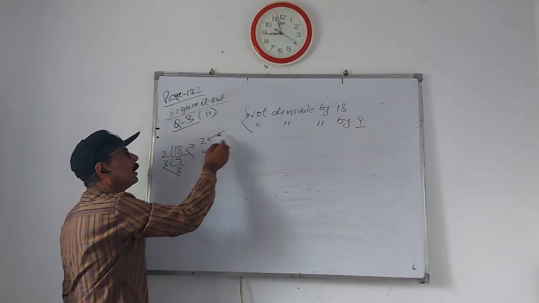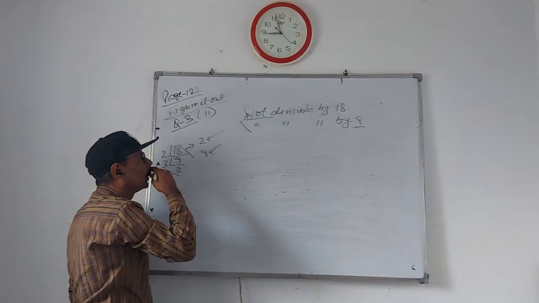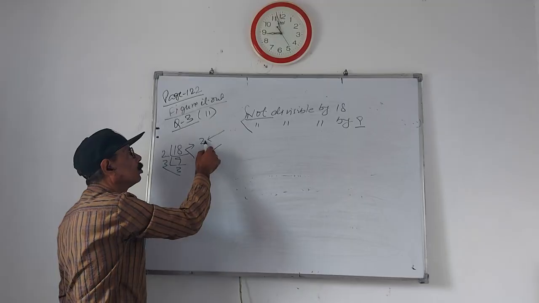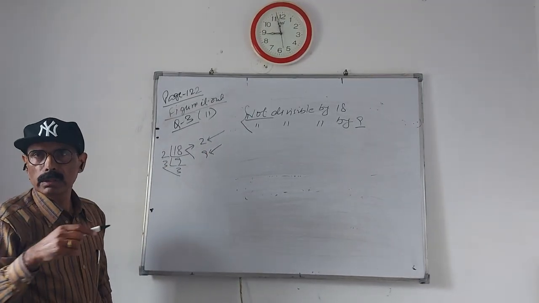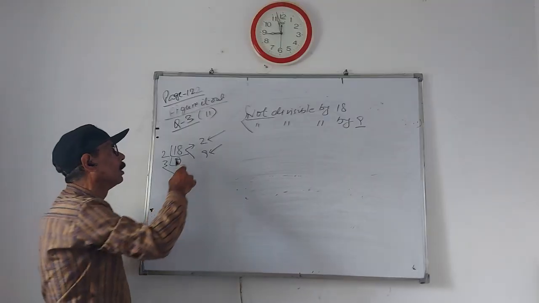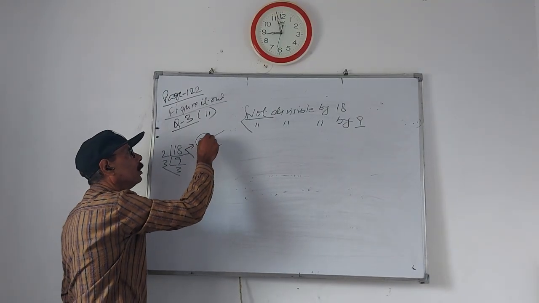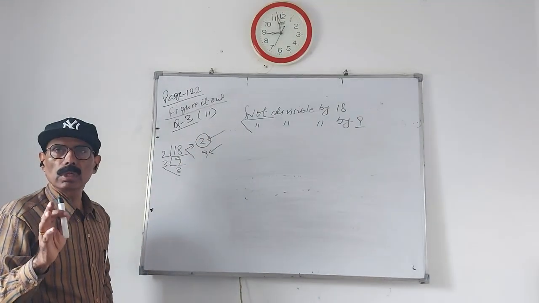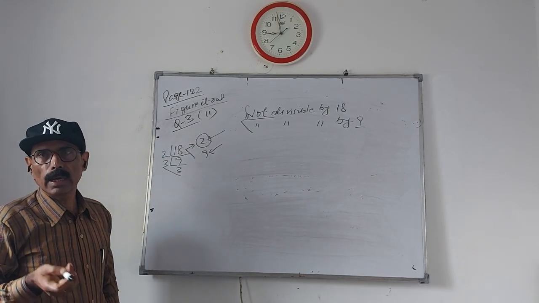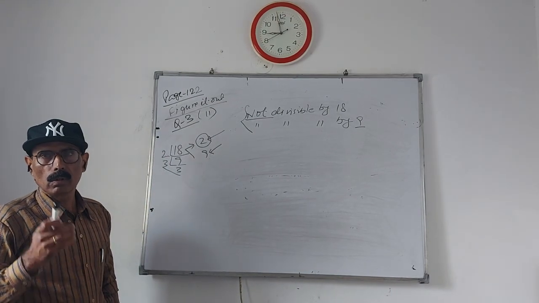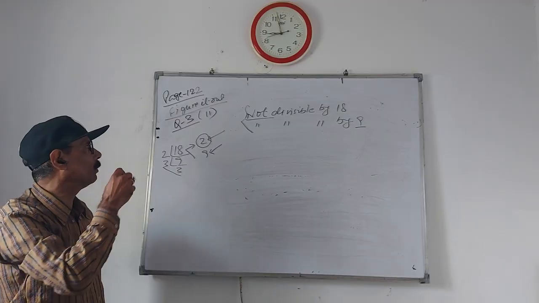So here it is not divisible by 18. That means any of the two factors we have to check. Any of the two factors will not be applicable. Suppose 2 is not applicable, or 9 is not applicable. In that case, what will be there?